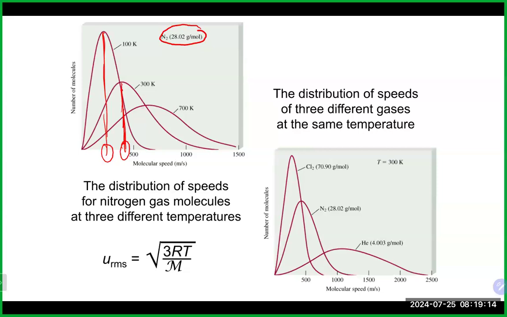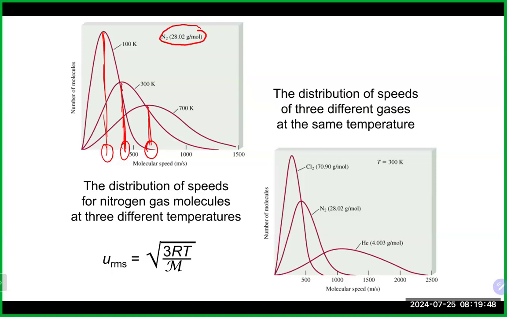And at about 700, a good majority of the molecules are moving at that particular speed. What we see with nitrogen, and with most gases, is that if you increase the temperature, they are traveling at a much higher velocity and moving a lot faster. And that's what we see when we talk about the number of collisions, right? When we increase the temperature, they gain more energy, they start flying around faster, and we get a lot more collisions.